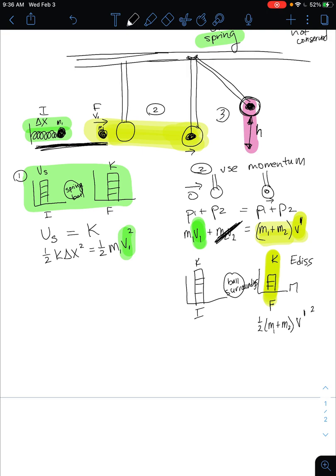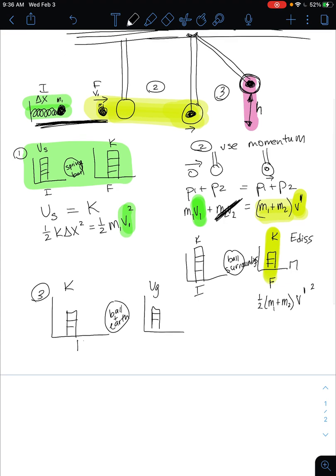When we are doing step 3 here, I have all of this kinetic energy, not 4 bars anymore, but 3, because the collision took some of that energy away. So now I have less kinetic energy to deal with, but that kinetic energy that the ball had is going to then turn into gravitational energy that the ball and the earth share.